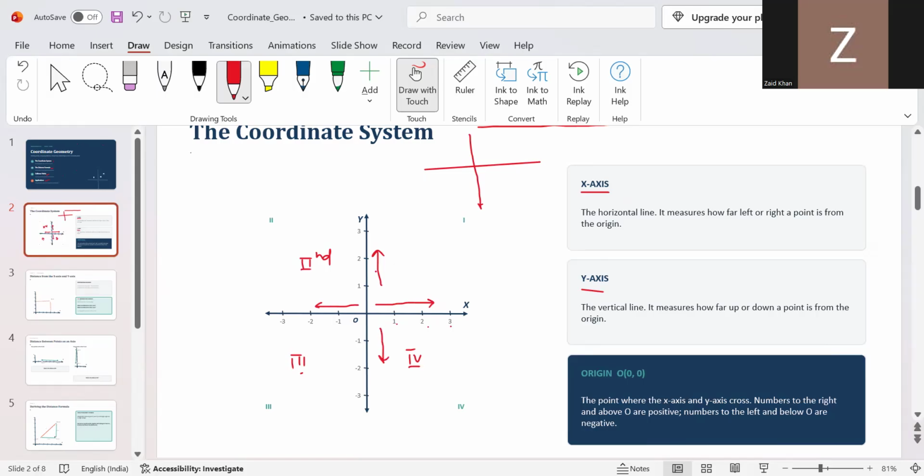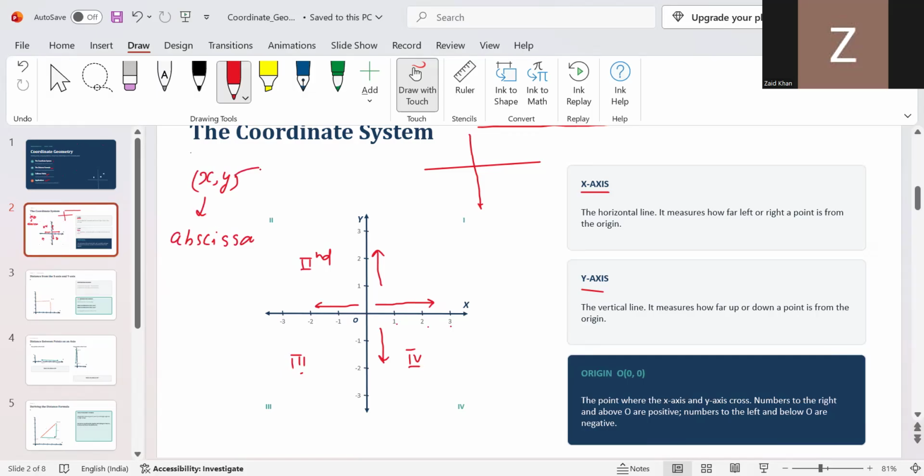Okay, this is clear. Now, what is a coordinate? If we are studying the coordinate system, any point in the form x comma y is called a coordinate. This x is called the abscissa. The first is the abscissa.